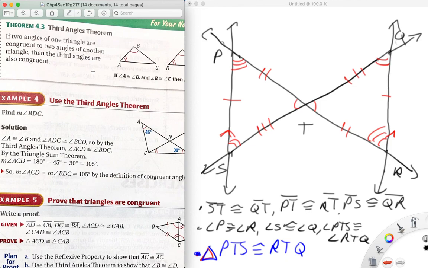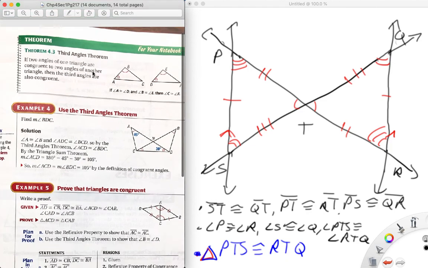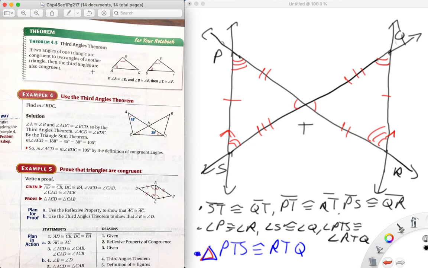The triangles do not have to be congruent. So in this case of the triangles, we have A and B, and the C and E. There are two triangles. Their sets of angles are congruent. If I know that those two are congruent, then I can say that C and D are also congruent.